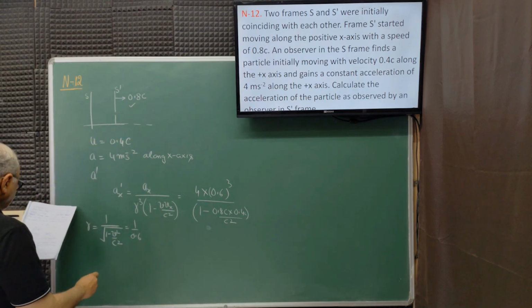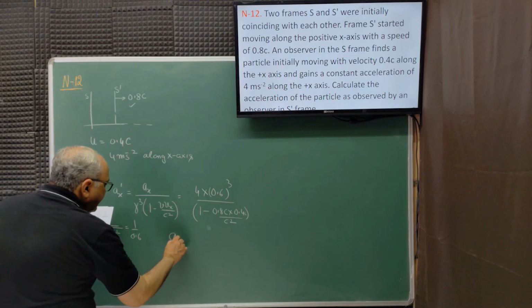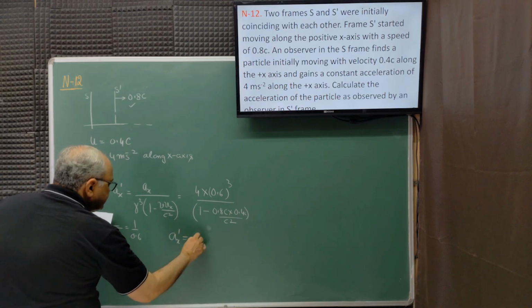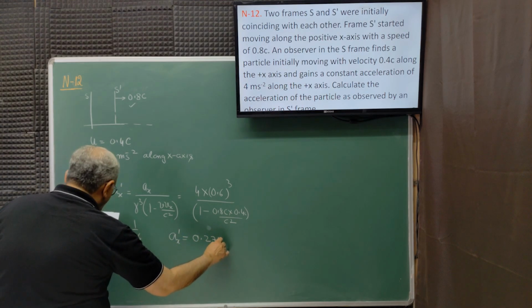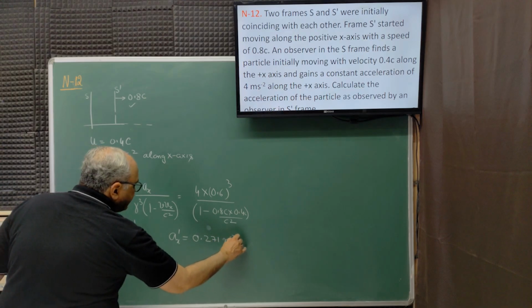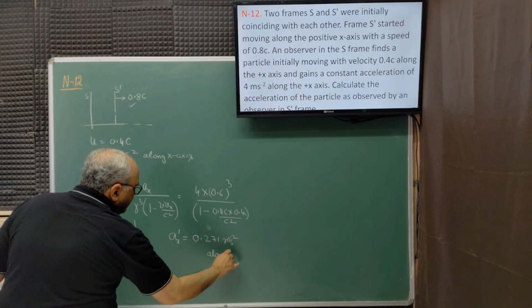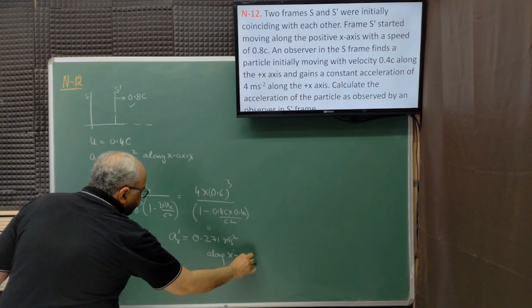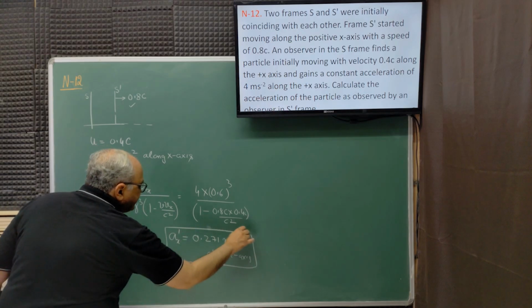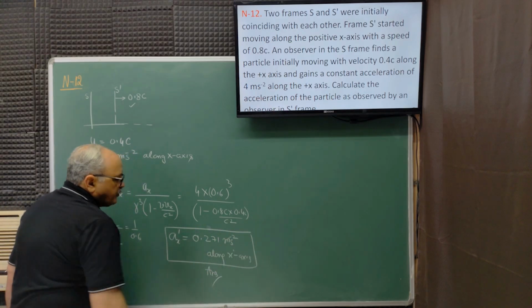If you solve it, the acceleration in frame S dash comes out to be 0.271 meters per second squared along the x dash axis. So this is the answer for question number 12.